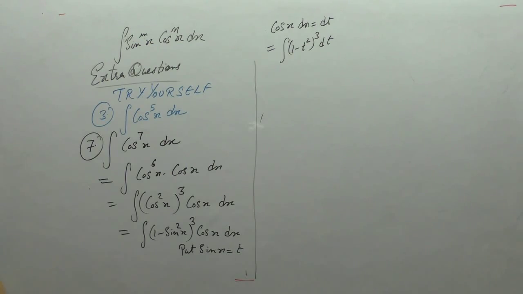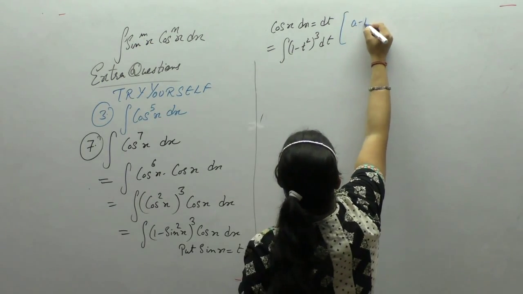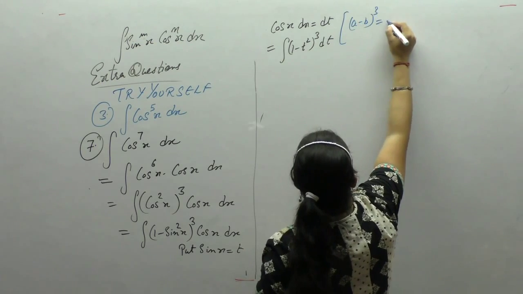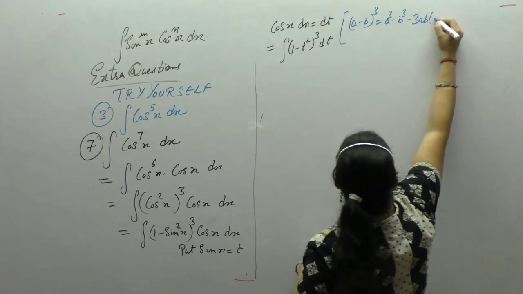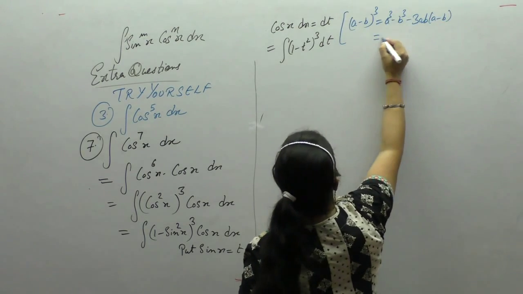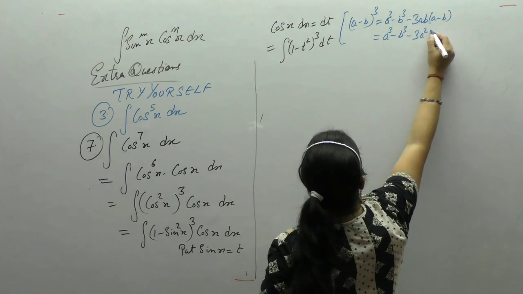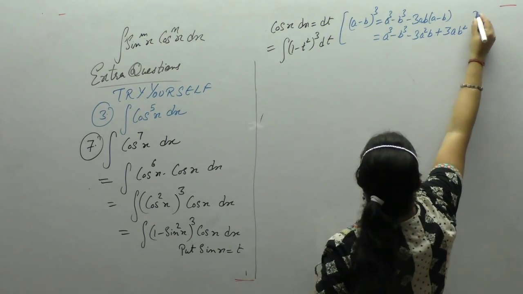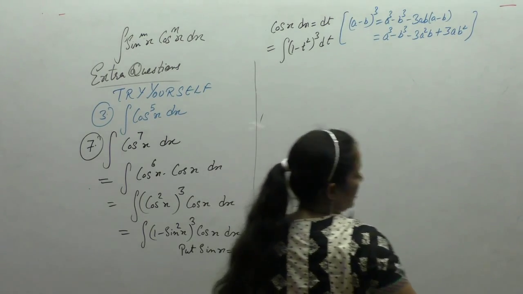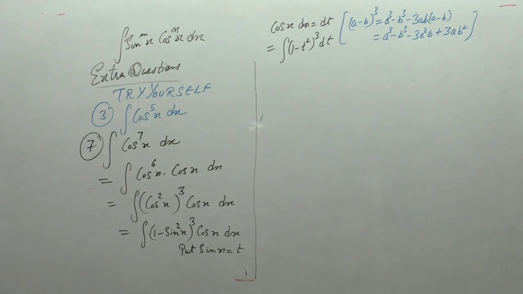Now what is the formula for a minus b whole cube? That is equal to a cube minus b cube minus 3a square b plus 3ab square. This is the formula for a minus b whole cube.